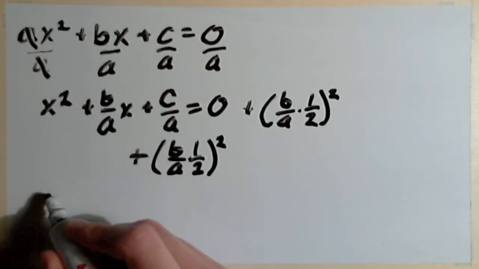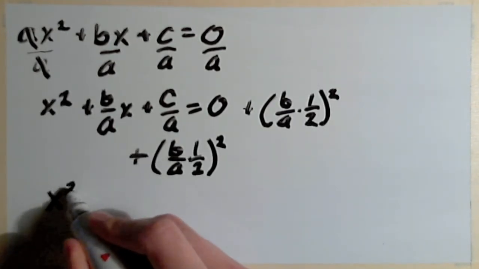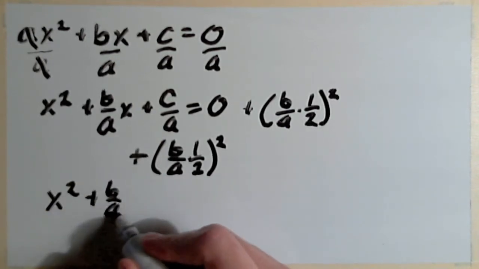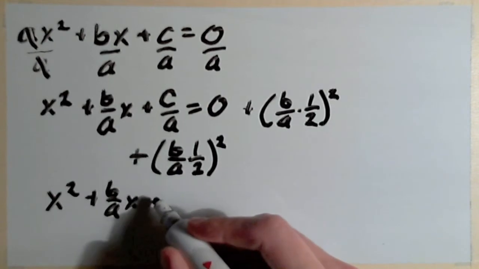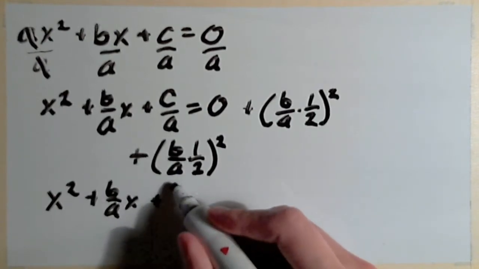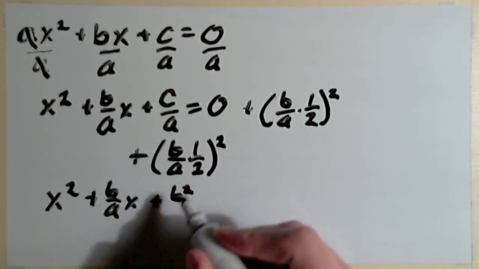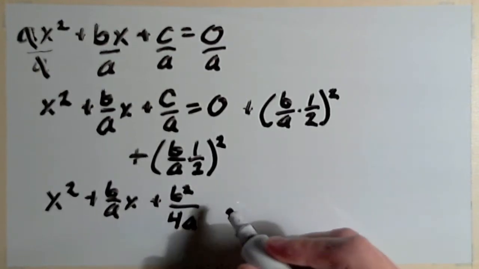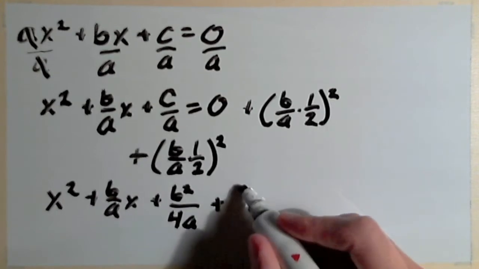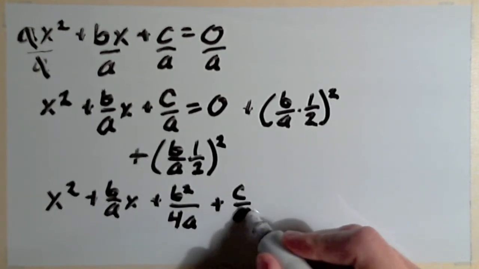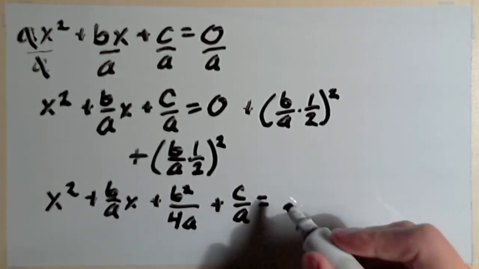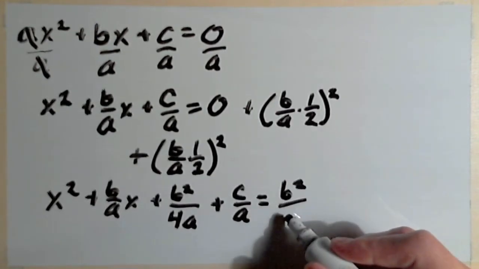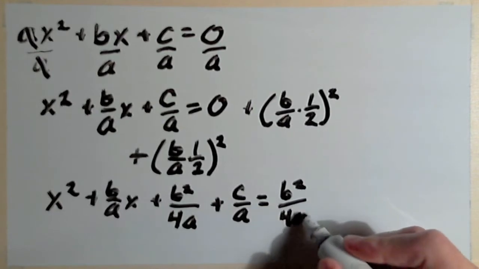Now we'll have x squared plus b over a times x plus b squared over 4a plus c over a is equal to b squared over 4a squared.